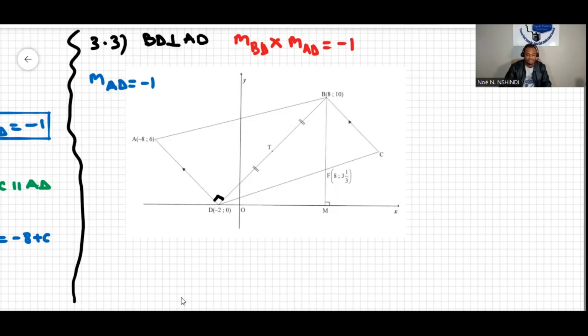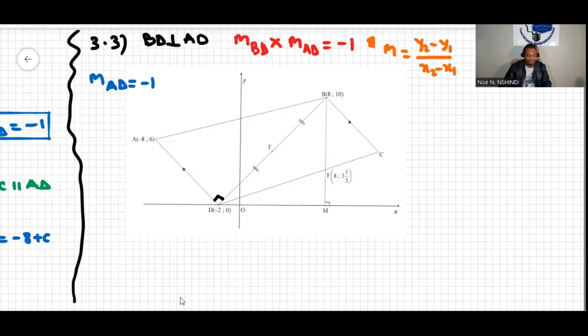Now let's find the gradient of BD. The gradient is given by the change of y over the change of x.